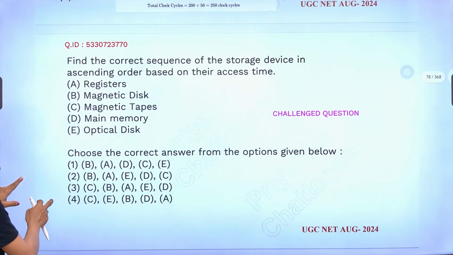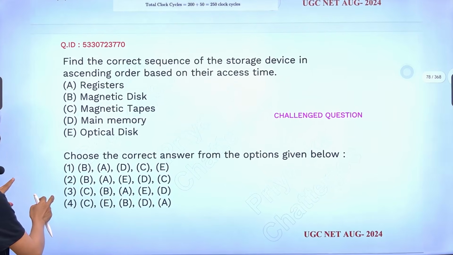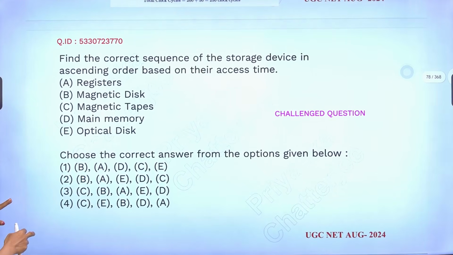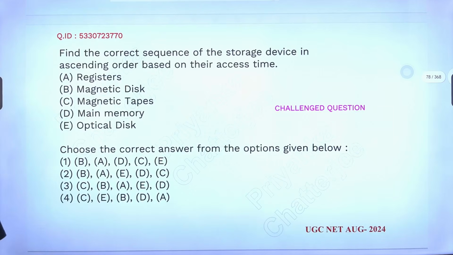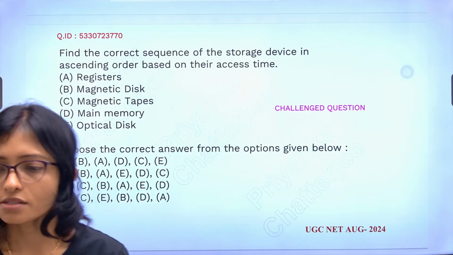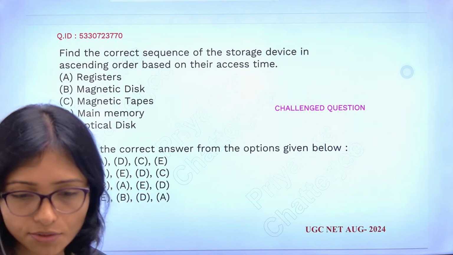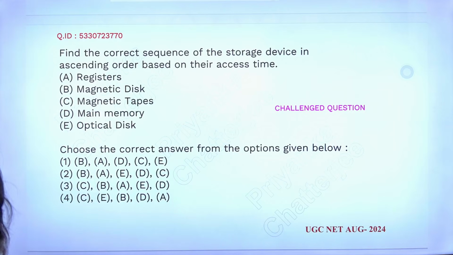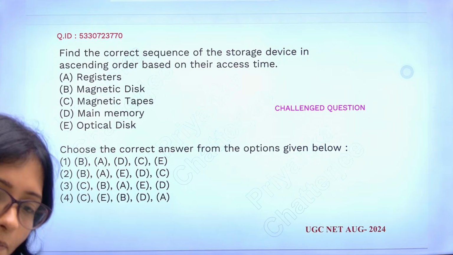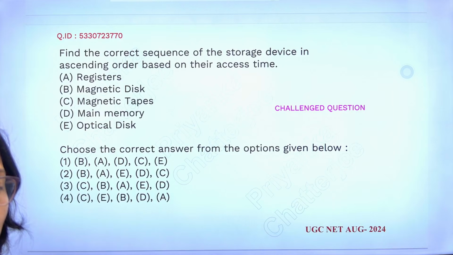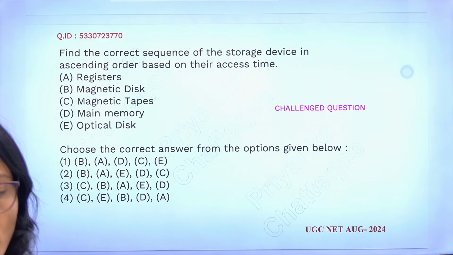Now here the answer will not match. You can give me the answer in the chat box. Because the answer is wrong, the option is wrong, you can give me the answer in the comment: what will be the answer for this? And this is the last question of August 2024 actually. We have done all 2025 questions and 2024 December and 2024 August.